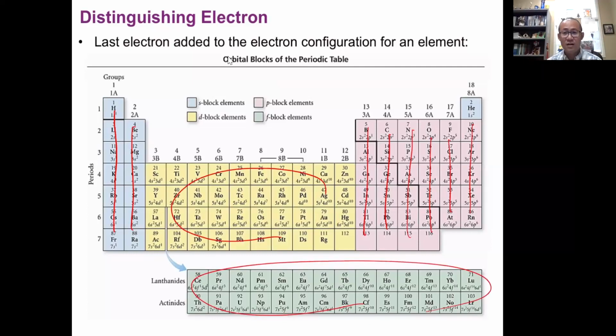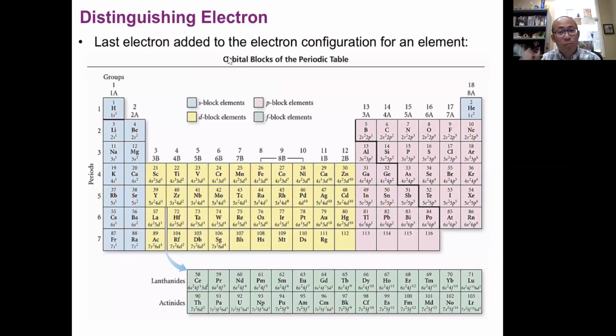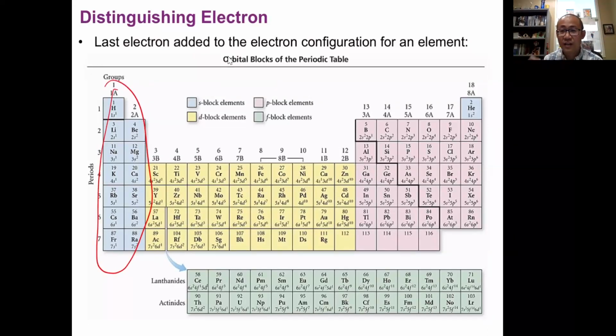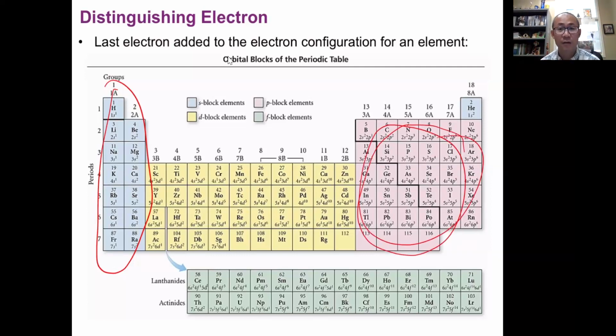So because of how the electrons are filled, we actually divide our periodic table into 4 blocks. And these 4 blocks are different because each block shows you where the last electron is filled. If the last electron is filled in S, we call it the S block. If the last electron is filled in P, we call this pink block the P block element.